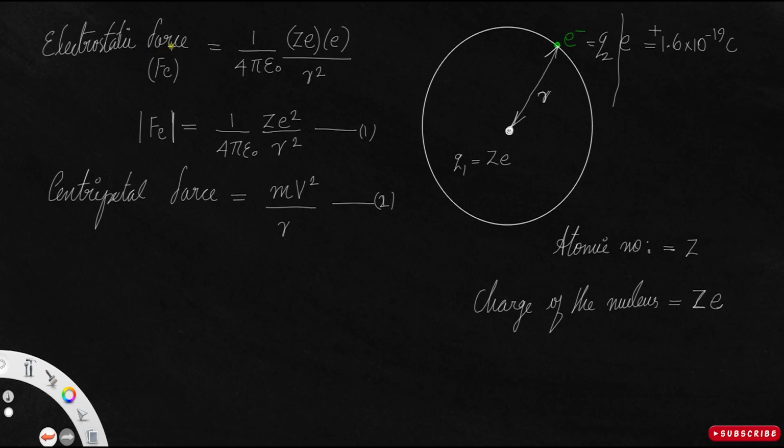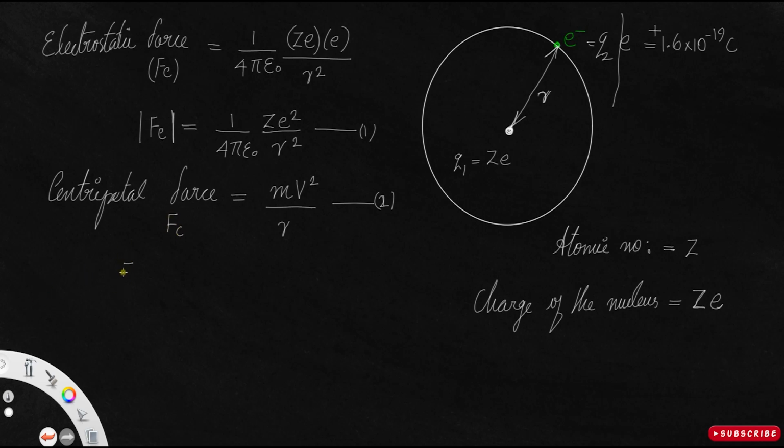If the electrostatic force and centripetal force are unequal, then this electron cannot stay in this orbit. Either it will spiral inside or it will move outside. So for equilibrium, these two forces must be equal. Let me represent the centripetal force as Fc.